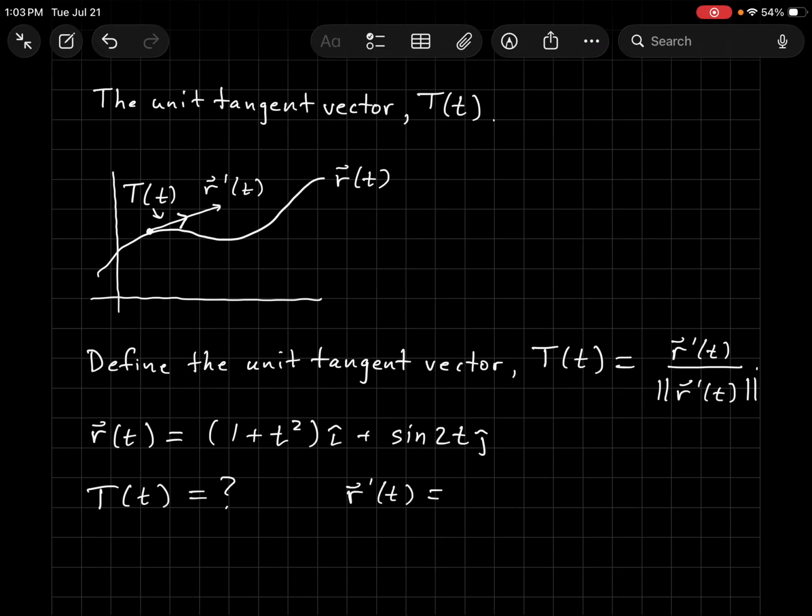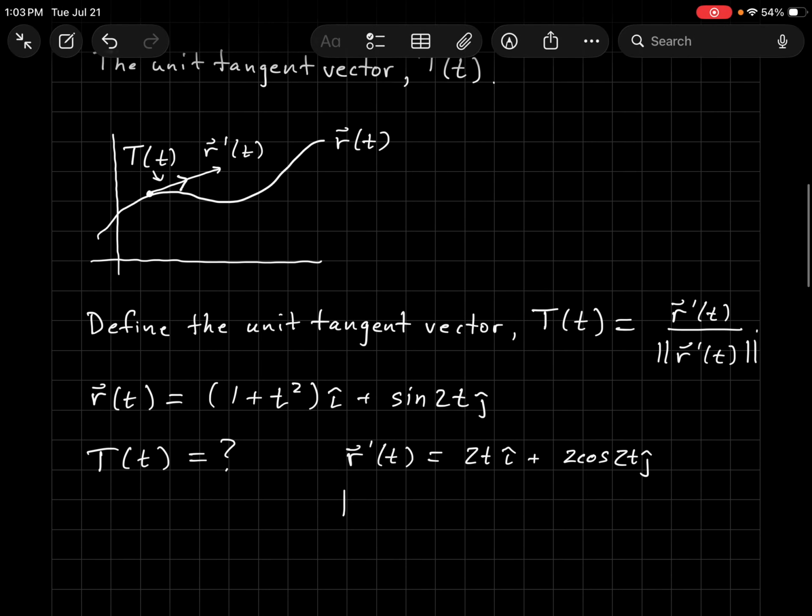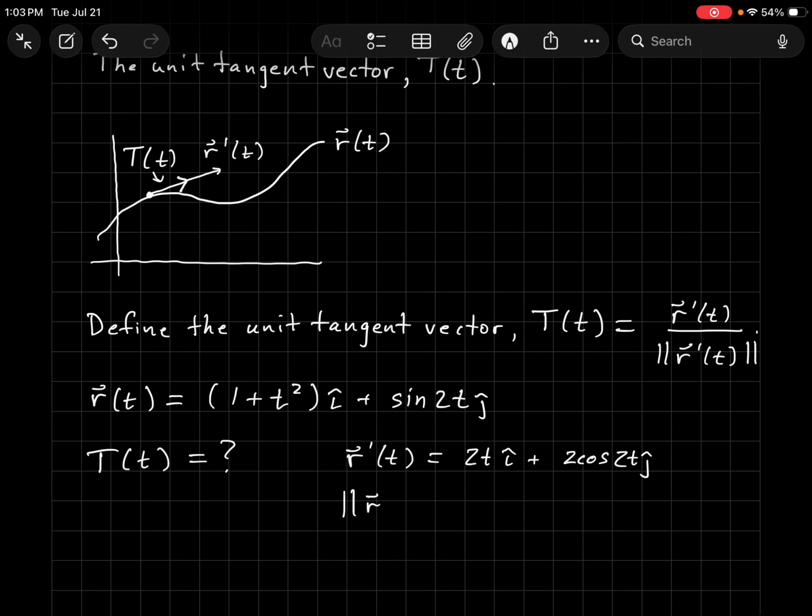So r prime of t is 2t i plus 2 cosine 2t j. The magnitude of r prime of t is the square root of 2t all squared, so 4t squared in total, plus 2 cosine 2t all squared, so 4 cosine squared of 2t.